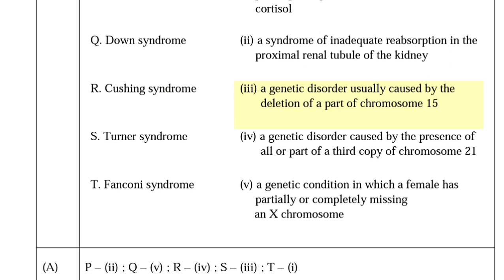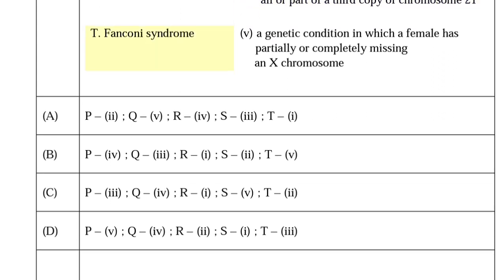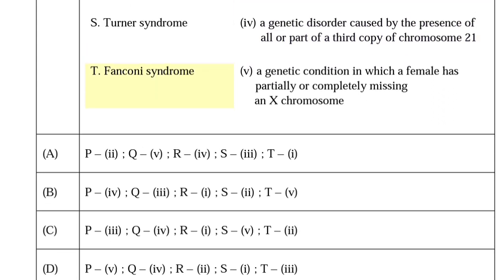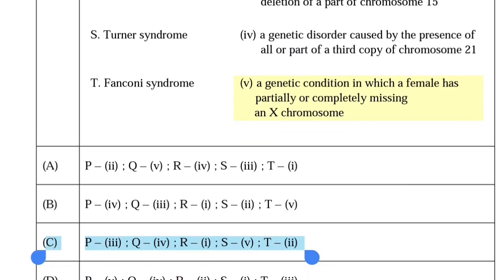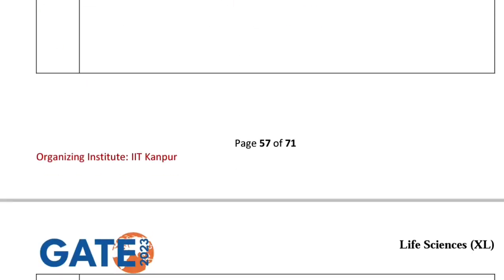A genetic disorder usually caused by the deletion of a part of chromosome 15. IV. A genetic disorder caused by the presence of all or part of a third copy of chromosome 21. V. A genetic condition in which a female has partially or completely missing an X chromosome.